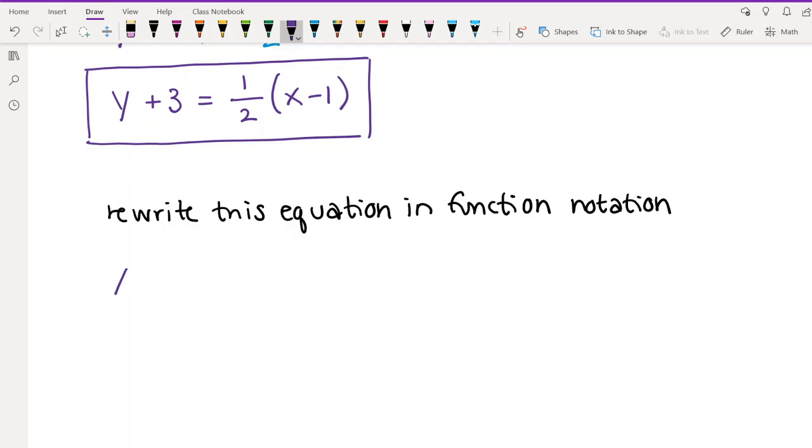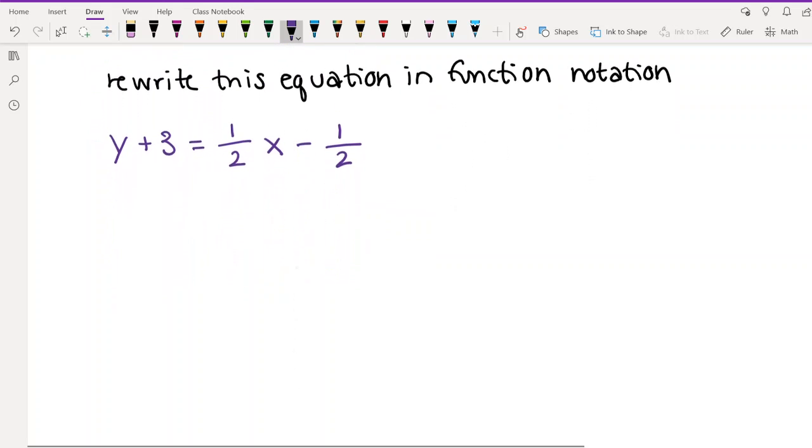Well, let's actually start by distributing on the right side, so that we can get this into basically f of x is equal to mx plus b form. So if we distribute on the right side, we get 1/2 x minus 1/2.